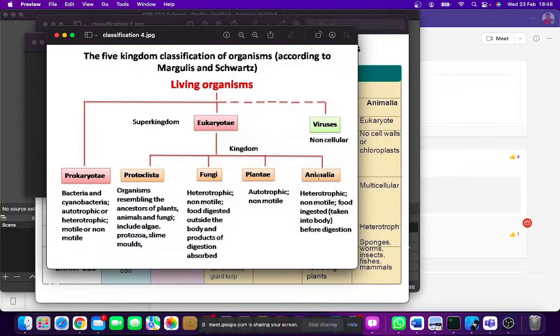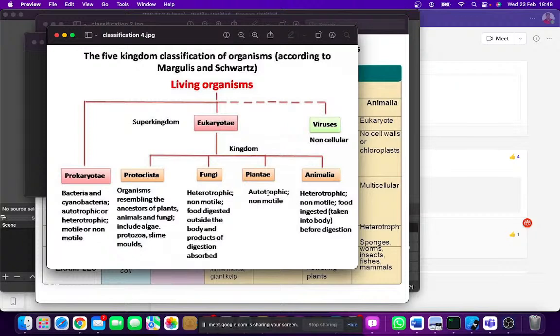So take note, the animals are heterotrophic. That means they cannot produce their own food by themselves. Autotrophic simply means that they can get their own food by themselves. And once you say that an organism is autotrophic, that means that it's likely that that organism has green pigment that enables it to do what we call photosynthesis.